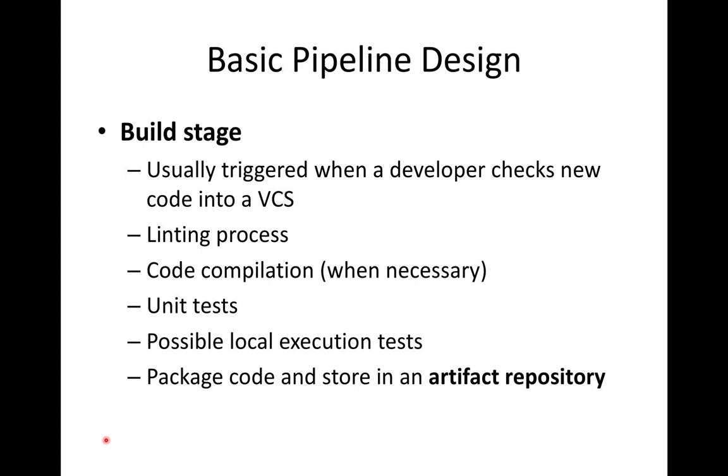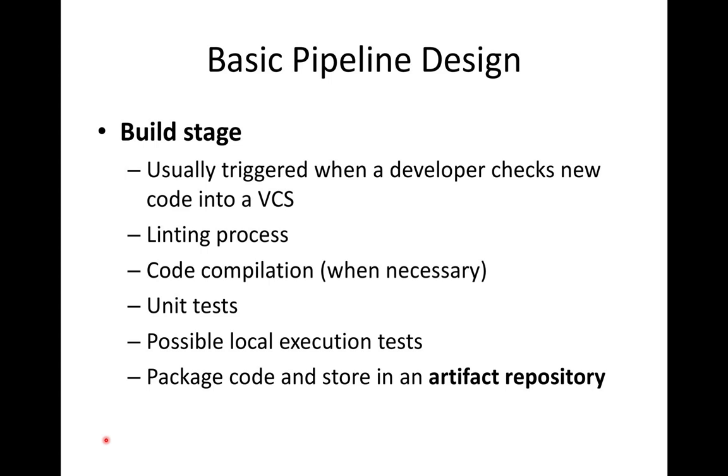And that build stage is going to do a number of different things. Oftentimes it will lint the code again. We lint at the build stage because maybe the developer forgot to do it locally, and we want to ensure that any code being committed to the repository has been properly linted. So we lint the code.